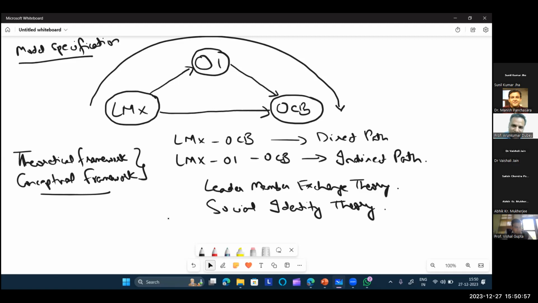So that is the relationship between theoretical framework and conceptual framework.